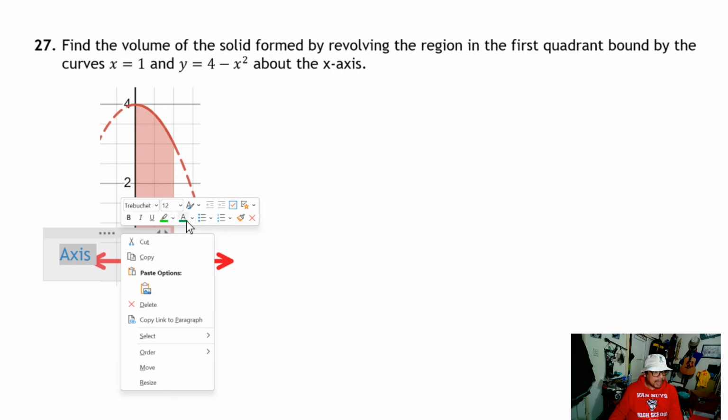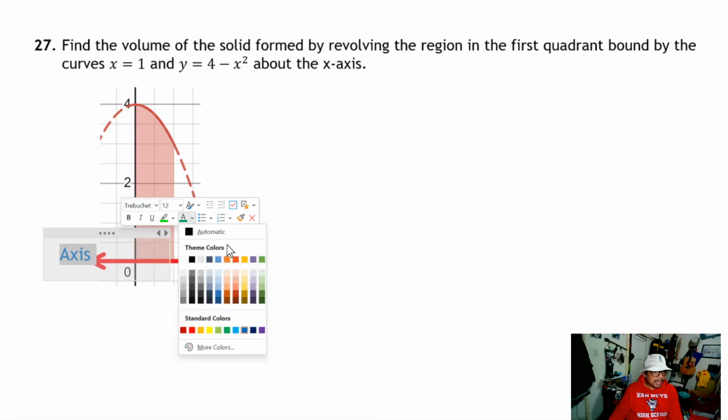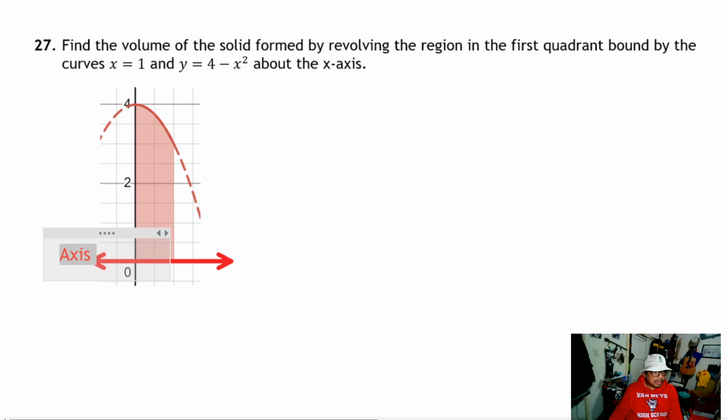Let's set about now finding our radius. So the radius is always going to be the distance from the axis of rotation to the outermost curve, or the innermost curve, but there's no innermost curve here.